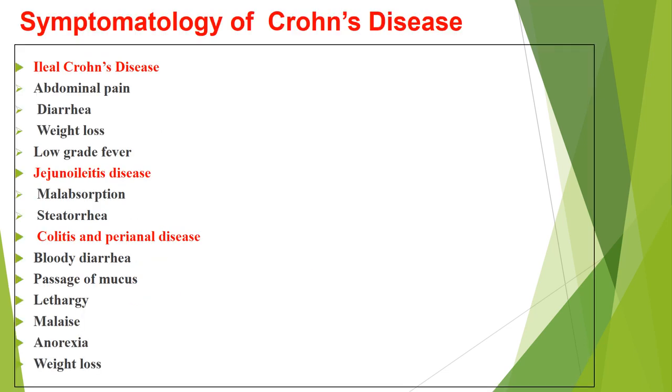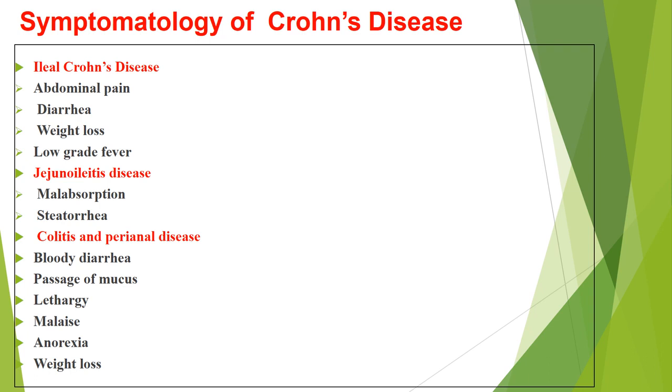Symptoms of Crohn's disease: as we said, Crohn's disease can involve any part of the GIT. So it can involve the small intestine, the large intestine, or other parts. When it involves the ileum, we call it ileal Crohn's disease. Usually the patient presents with abdominal pain, diarrhea, weight loss, and low-grade fever.